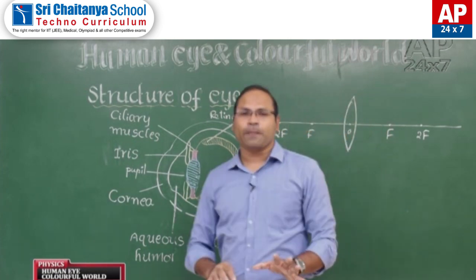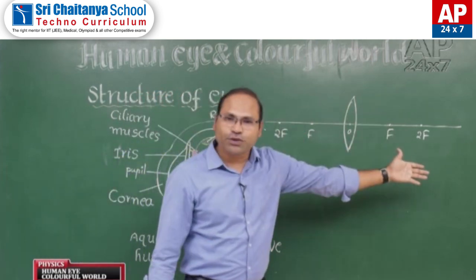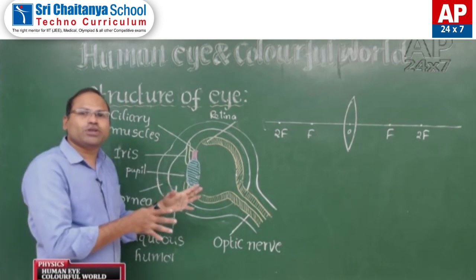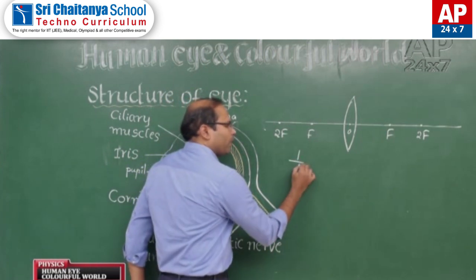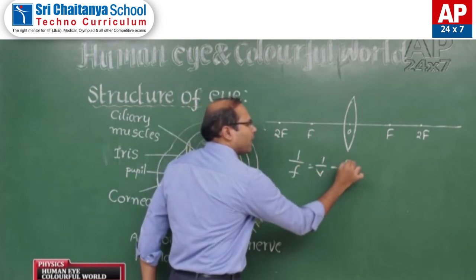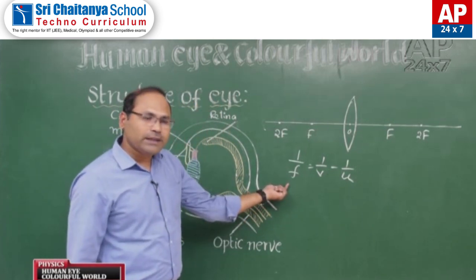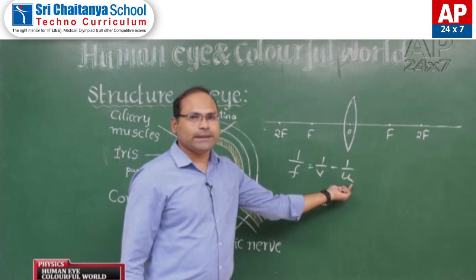What are we saying? Here what we learned is that if the object position changes, then the image position should change. But here the object position is changing, but the image position is not changing. We know the lens formula, that is 1 by f is equal to 1 by v minus 1 by u. f represents the focal length of the eye lens, v represents image distance, u object distance.